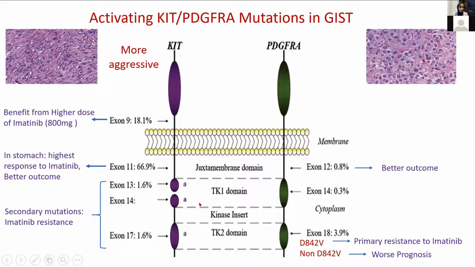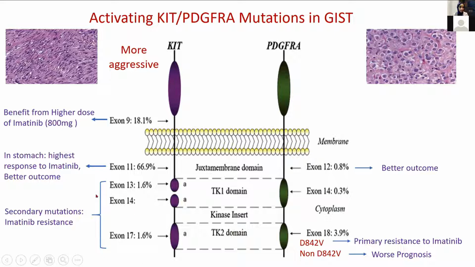KIT is usually associated with more aggressive behavior, and most common mutations in KIT would occur in exon 11. These most commonly occur in the stomach, associated with spindle morphology, and highest response to imatinib, which is the tyrosine kinase inhibitor used in this context, and also associated with better outcome.